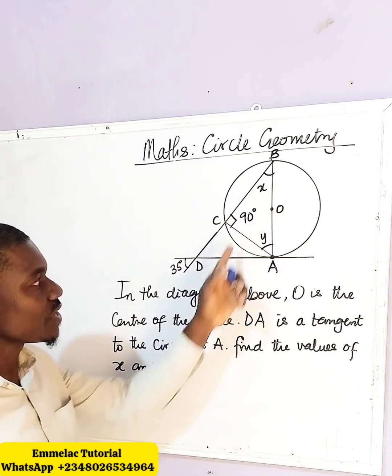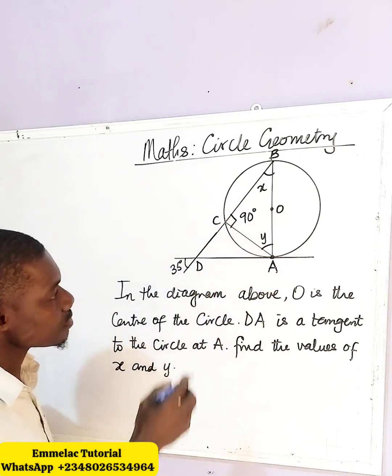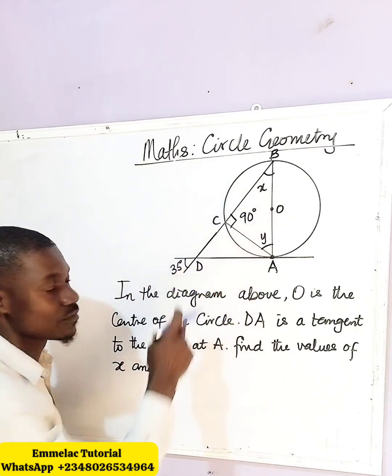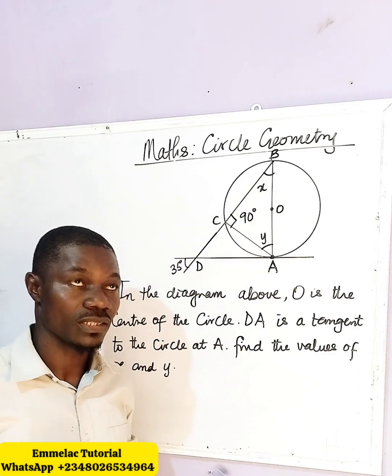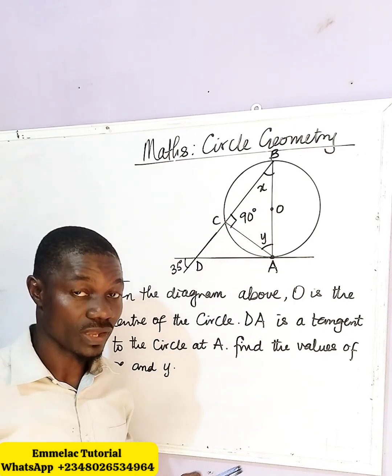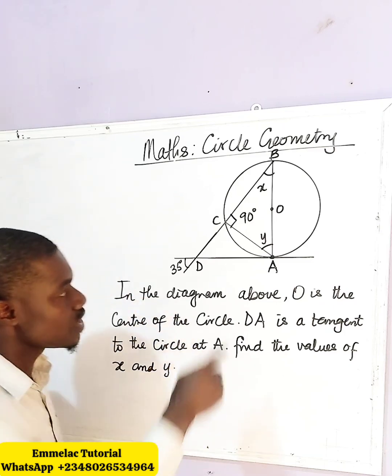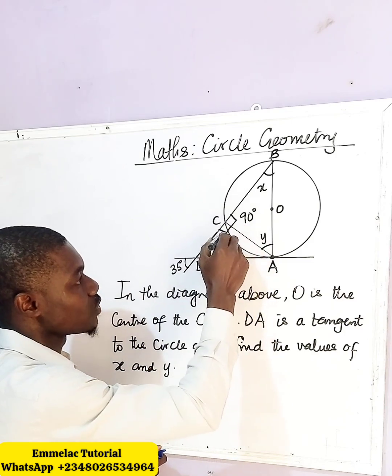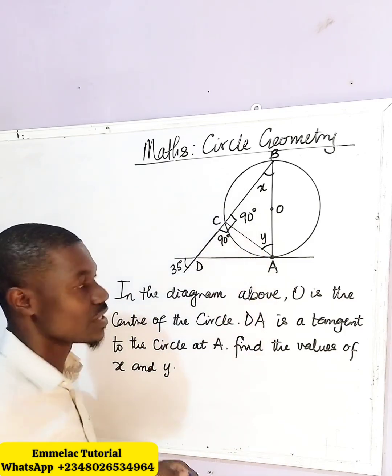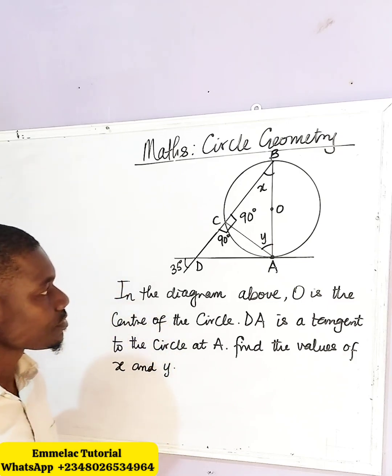Now if here is 90 degrees, take note, it implies that on this straight line, the sum of angles on a straight line is 180. So if here is 90, automatically here is also 90.